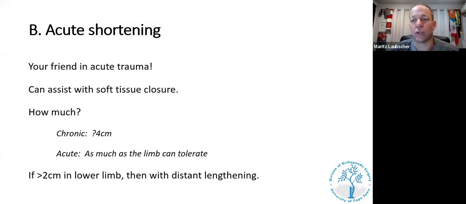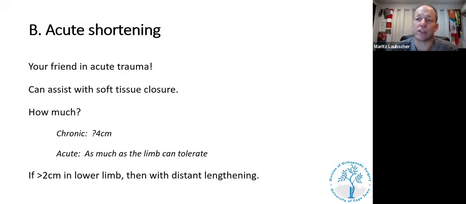I've certainly shortened limbs acutely in acute trauma, for instance, in the femur, 10, 15 centimeters. It's more difficult in the tibia and the forearm because there are two bones and the soft tissue is quite asymmetrical, so you can struggle to close a wound afterwards, and it's much harder in a chronic situation.